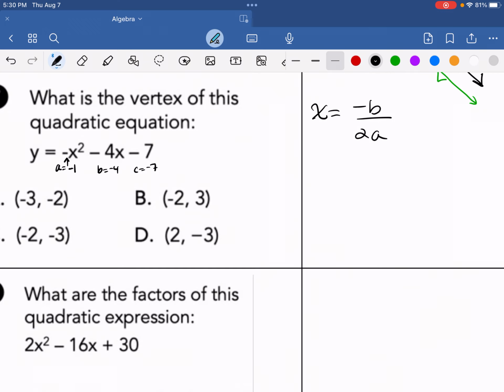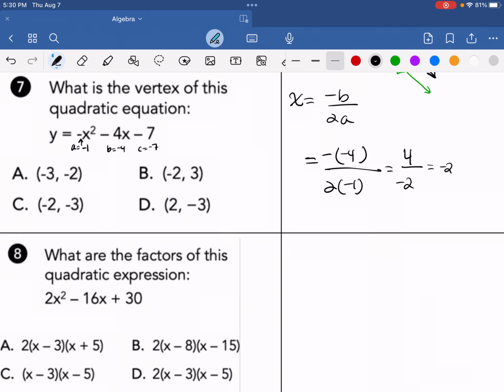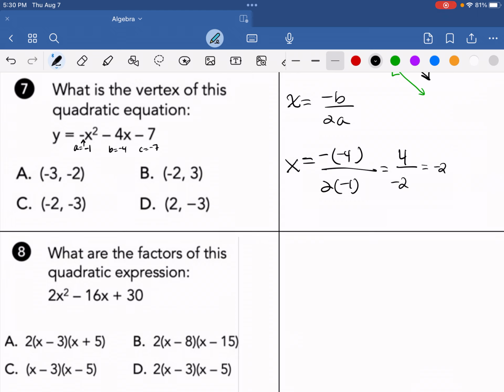So if I use my formula, negative, and then I put b, that's -4. And on the bottom, 2 and a, -1. If I do my math, I get +4 at the top because you had 2 negatives, and on the bottom, -2, and it turns out to be -2. So the x should be -2 because it says x equals, right? That's the formula.